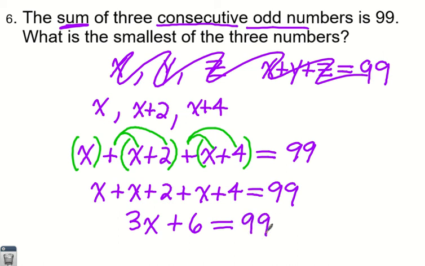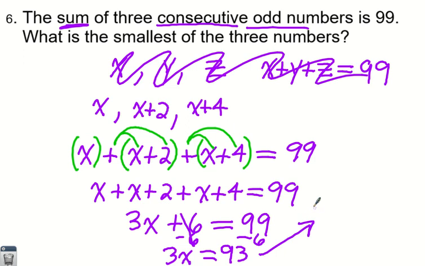And then now we keep solving. We subtract 6 from both sides and get 3X equals 93. And then the last step is to divide both sides by 3 to get X equals, what's 93 divided by 3?